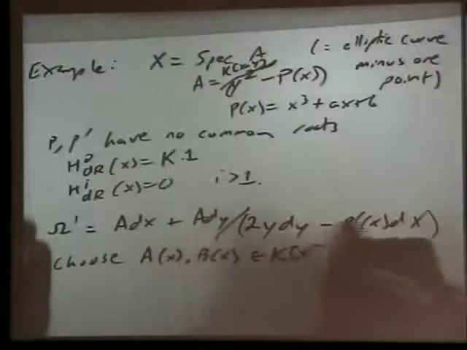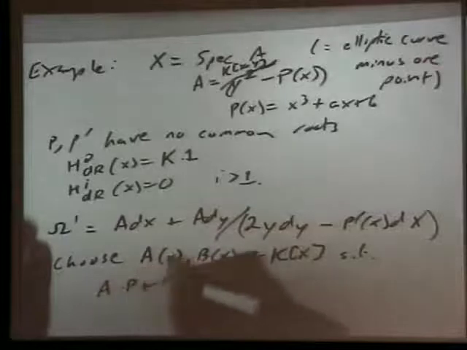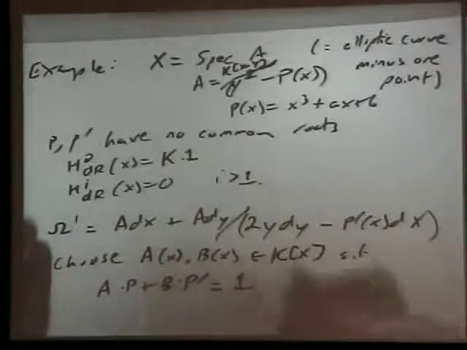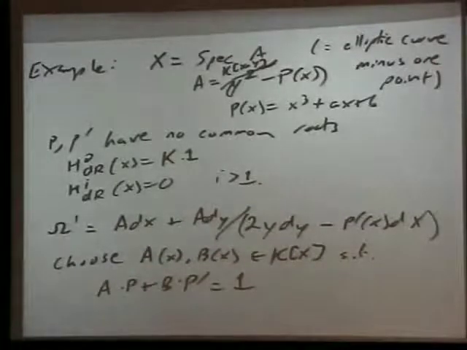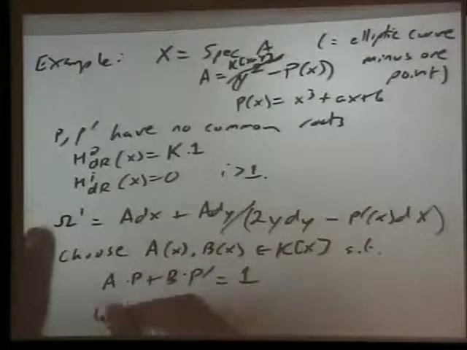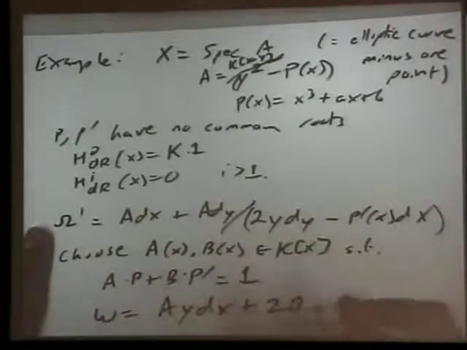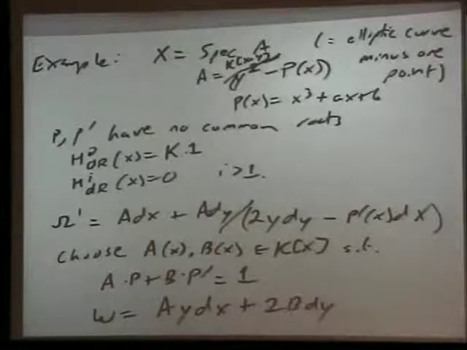Choose polynomials A and B such that A times P plus B times P prime equals 1. Because P and P prime have no common roots, I can do this. And now I'm going to define the form omega to be this clever guy, and you'll see why it's chosen this way in a moment, except I've run out of room, so I have to scroll.